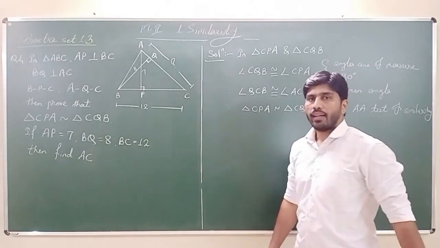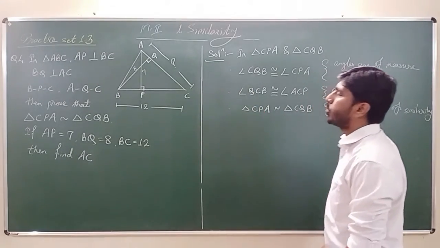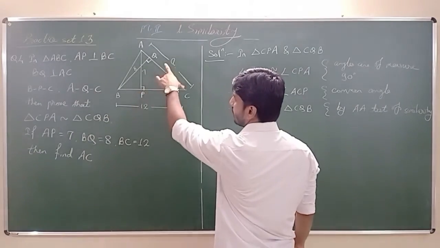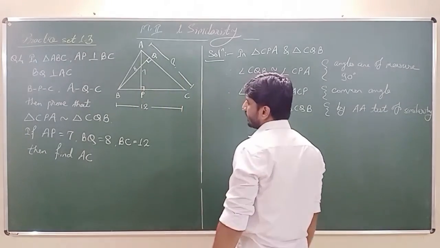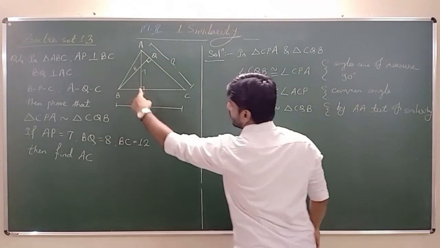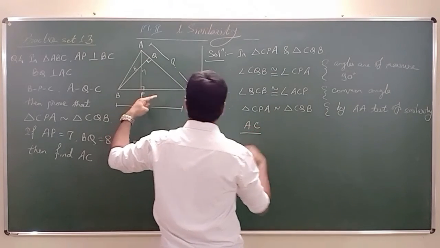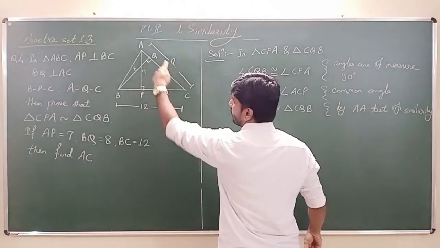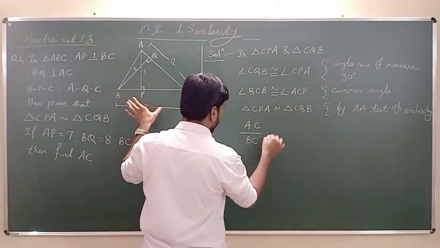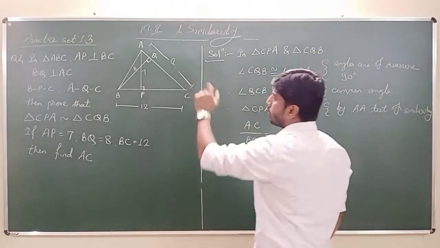As both triangles are similar, obviously their sides will also be in ratio. Therefore, first we will write the ratio of the hypotenuse. So we write AC, which is the hypotenuse of triangle APC, and the hypotenuse of the second triangle is BC. Same way, we take the ratio of the height of both triangles.